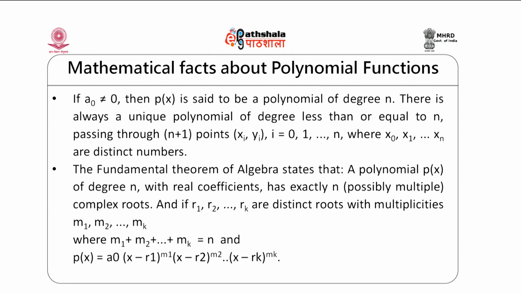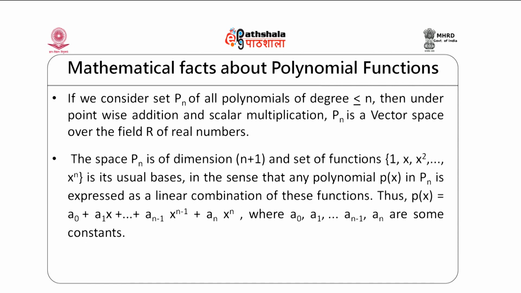Say these roots r_1, r_2, ..., r_k are distinct roots with multiplicities m_1, m_2, m_3, ..., m_k. Then the sum of the multiplicities will be equal to n, and your polynomial p(x) can be represented as a_0 into (x minus r_1) raised to m_1 into (x minus r_2) raised to m_2 and so on. This product continues up to (x minus r_k) raised to m_k. So, each factor appears to the degree of its multiplicity.